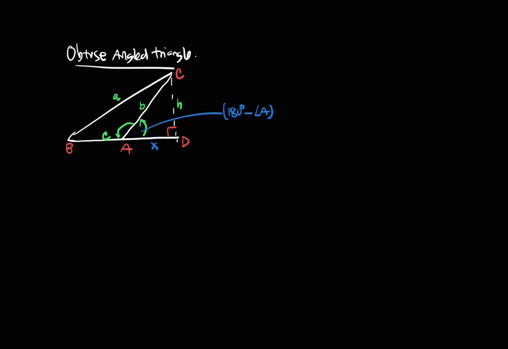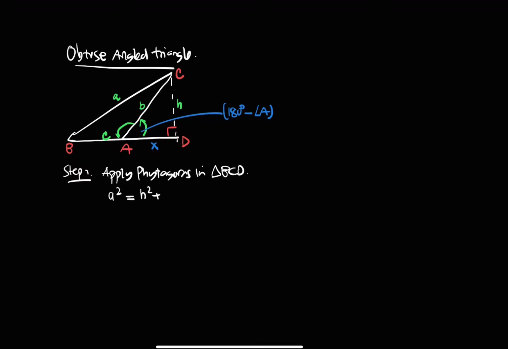After we label all of them, the first step is to apply Pythagoras in triangle BCD. So we get a squared equals h squared plus (c plus x) squared. Then a squared equals h squared plus c squared plus 2cx plus x squared.